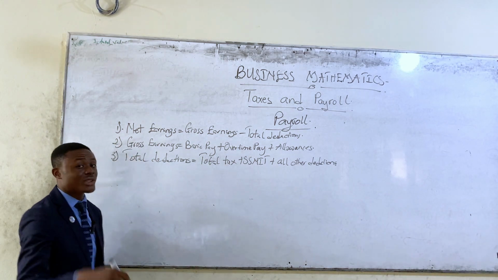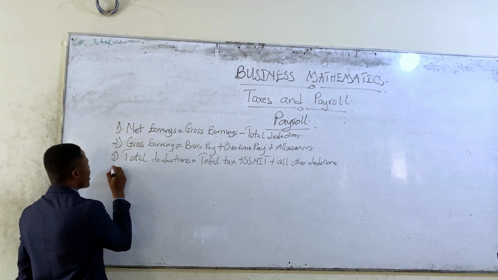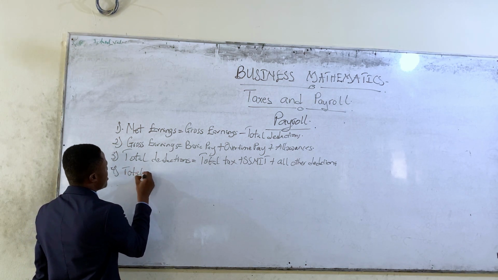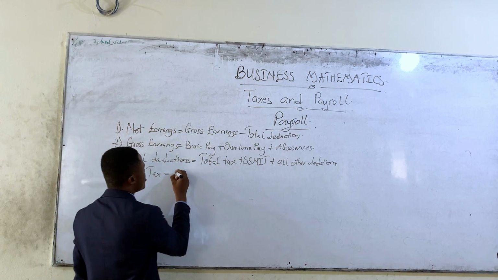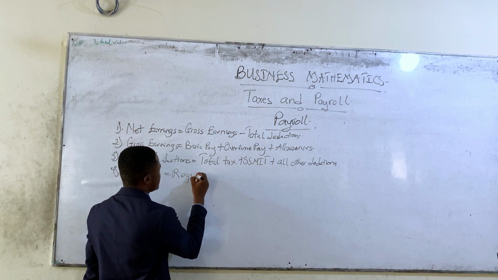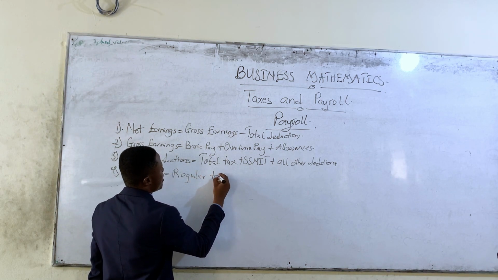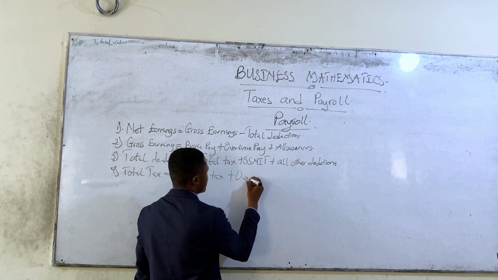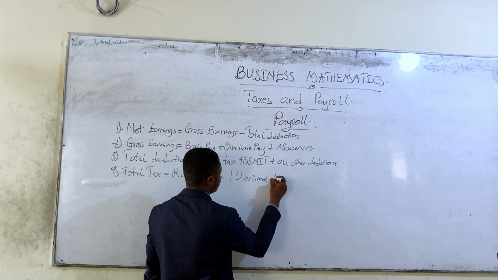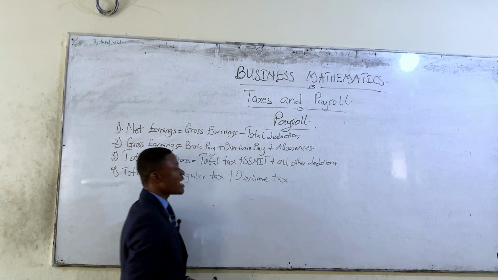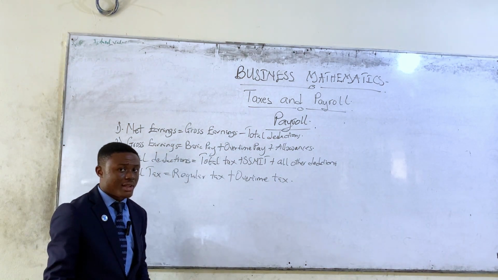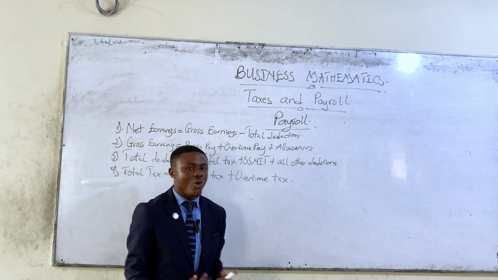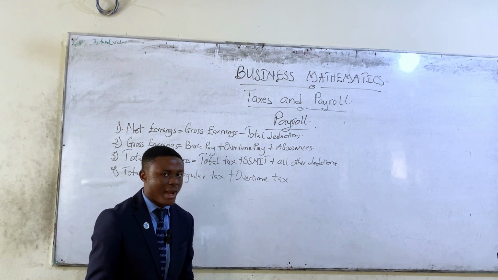And what is our total tax? Our total tax is equal to our regular tax plus your overtime tax. So anytime you work overtime, you don't only earn overtime pay, you will also be deducted overtime tax.